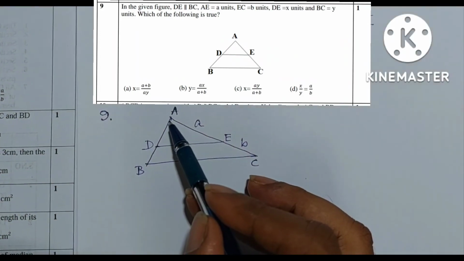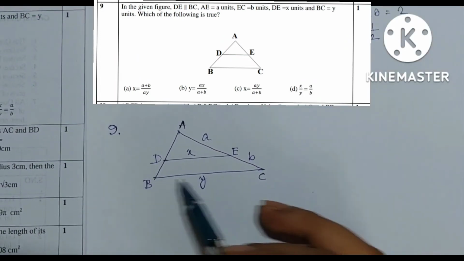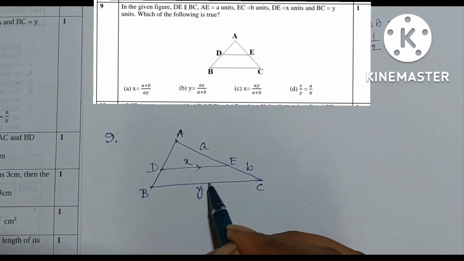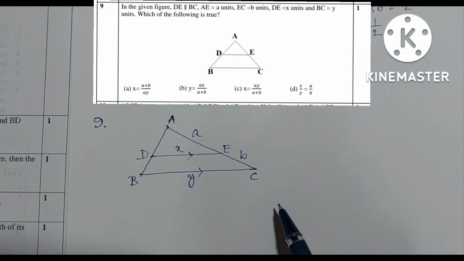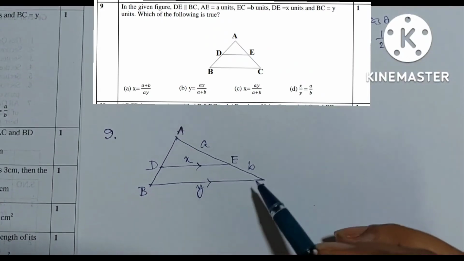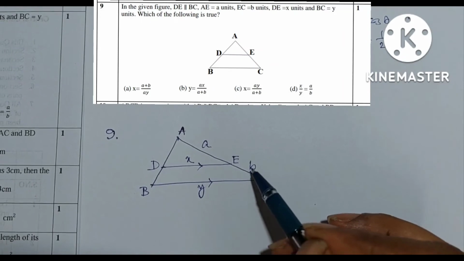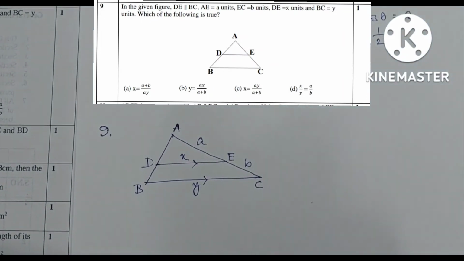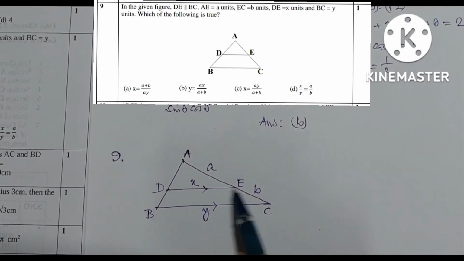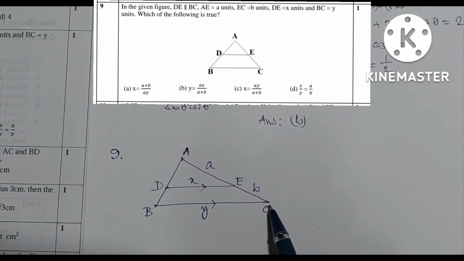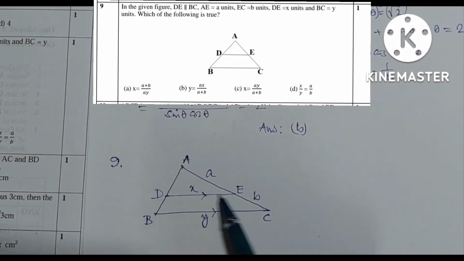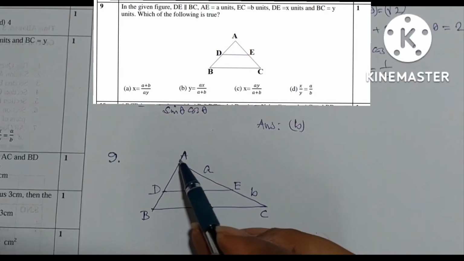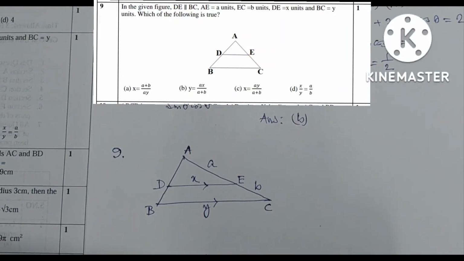In question number 9, in triangle ABC, DE is parallel to BC, and AE equals A and EC equals B, DE equals X, and BC equals Y. Since DE is parallel to BC, these two triangles ADE and ABC are similar to each other.